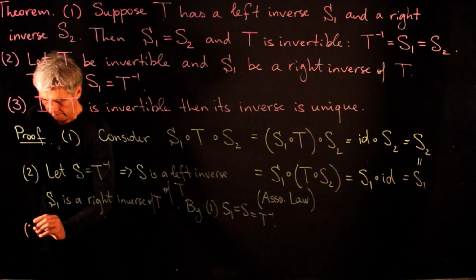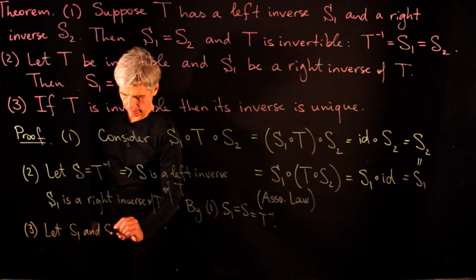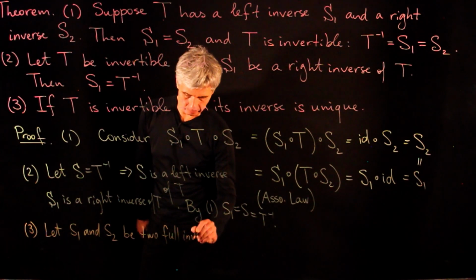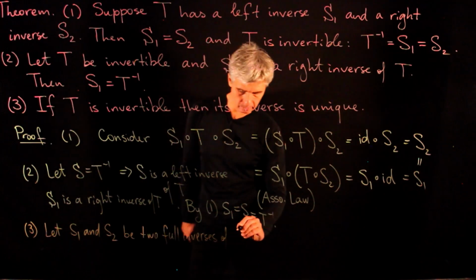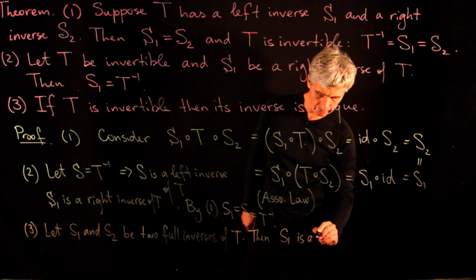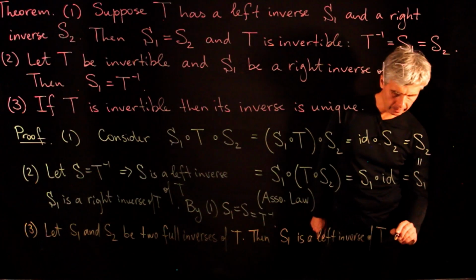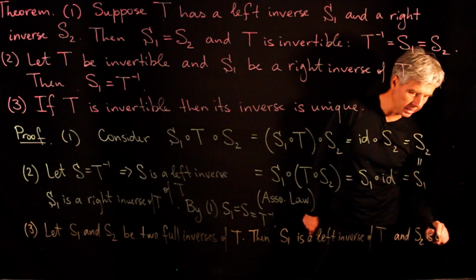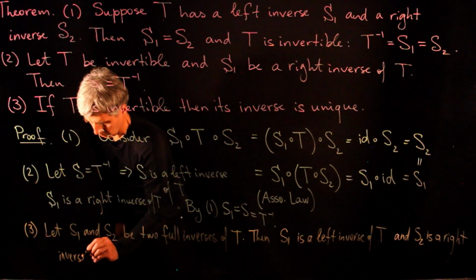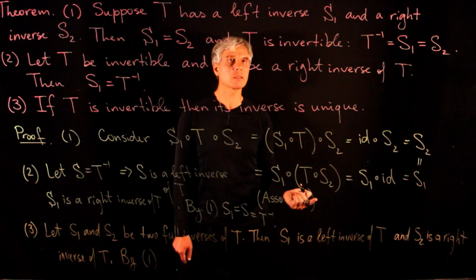And now for part 3, let S1 and S2 be two full inverses of T. Then S1 is a left inverse of T and S2 is a right inverse of T. And again, by property 1, if we have a left inverse and a right inverse, they're equal.